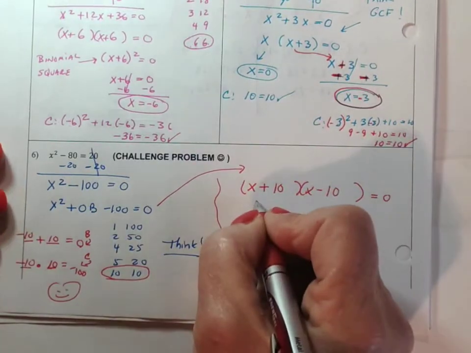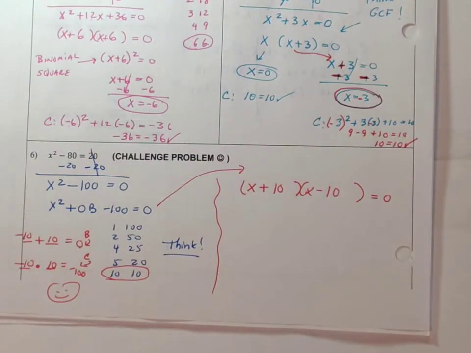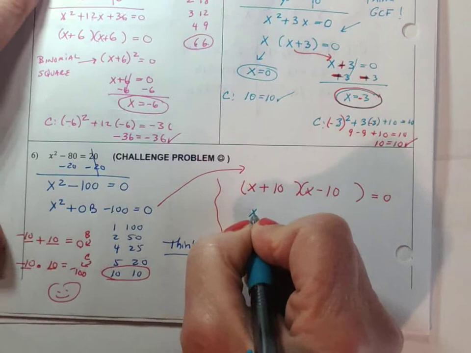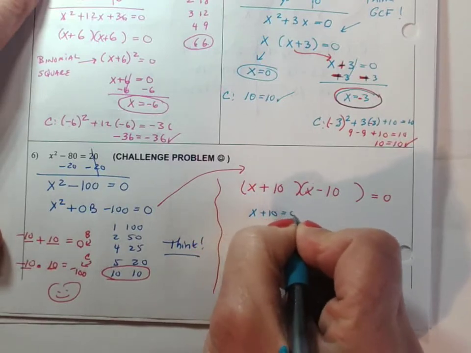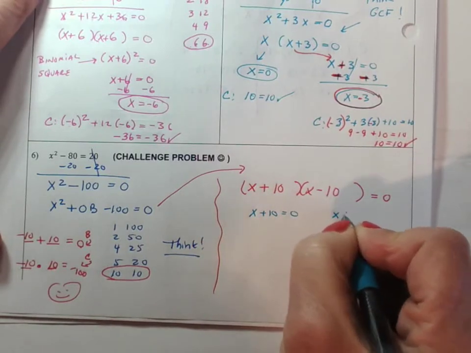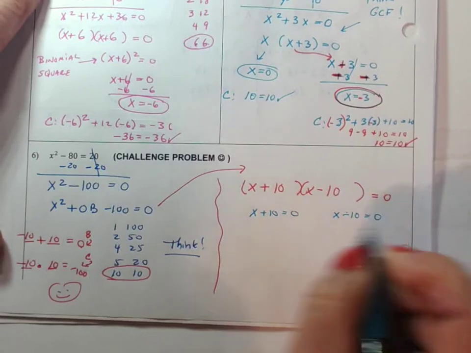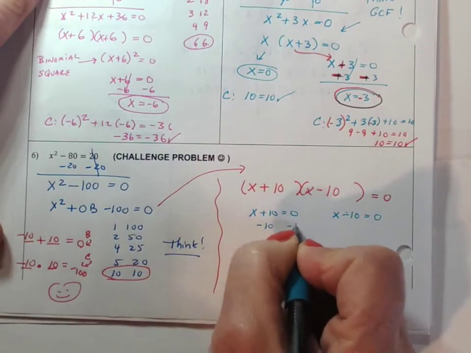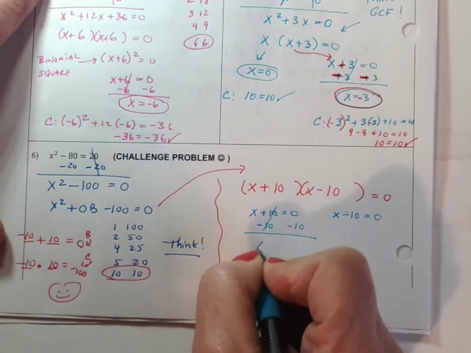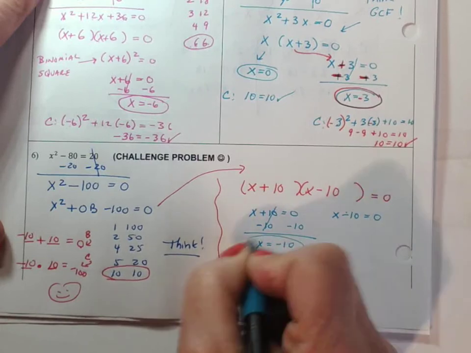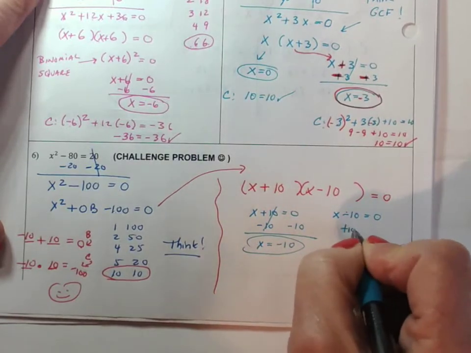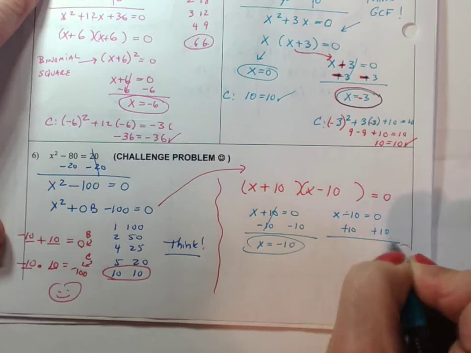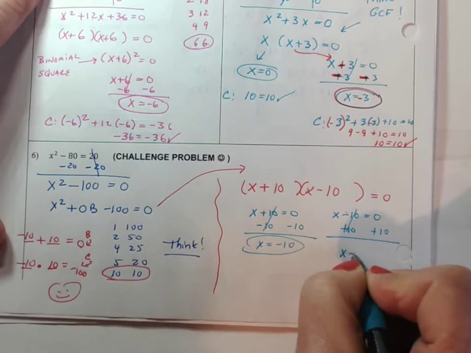So now I can finish this up. x plus 10 equals 0. x minus 10 equals 0. Subtract 10. I get x is equal to negative 10. Add 10. I get x equals 10.